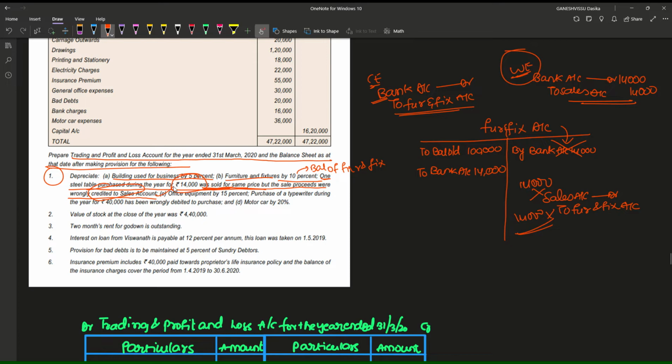Now comes the third adjustment, which is office equipment by 15%, and it also includes one adjustment: the purchase of a typewriter during the year for 40,000 has wrongly been debited to purchases. So that means what? There is an asset purchase. Let me erase all these things.